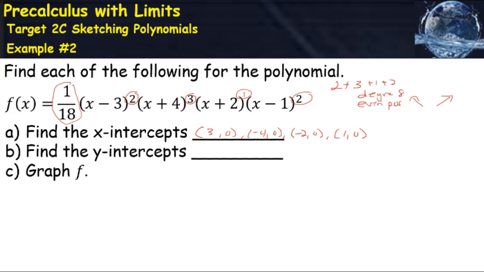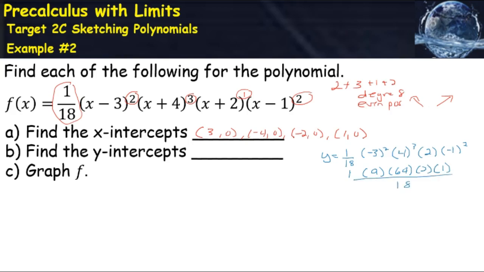Now I have to find my y-intercept, and to find it, I need to let x equal 0 and find y. So I get y equals 1/18, and then 0 minus 3 is negative 3, but I have to square it. Then 0 plus 4 is 4, but I have to cube it. And 0 plus 2 is 2, raised to the first. And then finally 0 minus 1 is negative 1, and I have to square that. So I get 1 times 9 times 4 cubed is 64, times 2 and 1, all over 18.